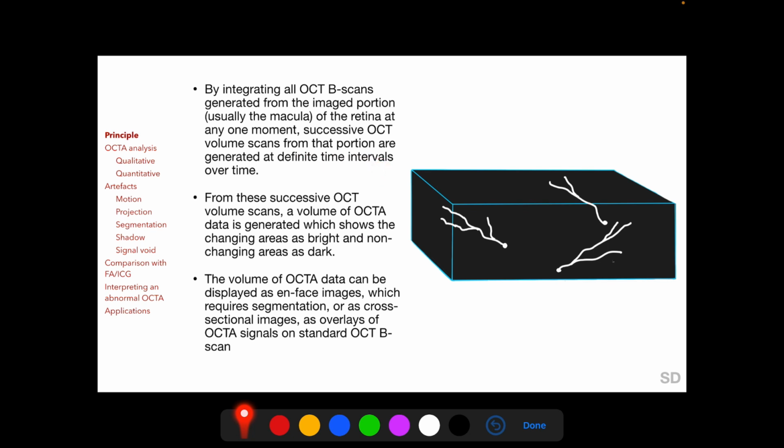And we have discussed how OCT volume scans are generated at a particular moment in the previous session on OCT. From these successive OCT volume scans, a volume of OCTA data is generated which shows the changing areas as bright and non-changing areas as dark, as represented by this figure.